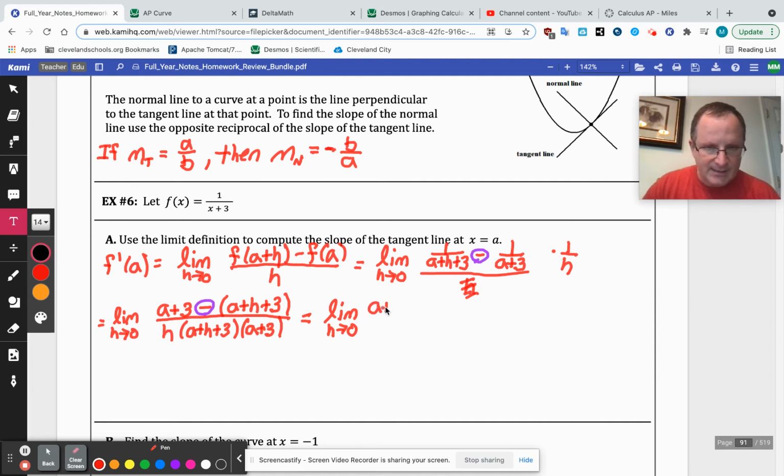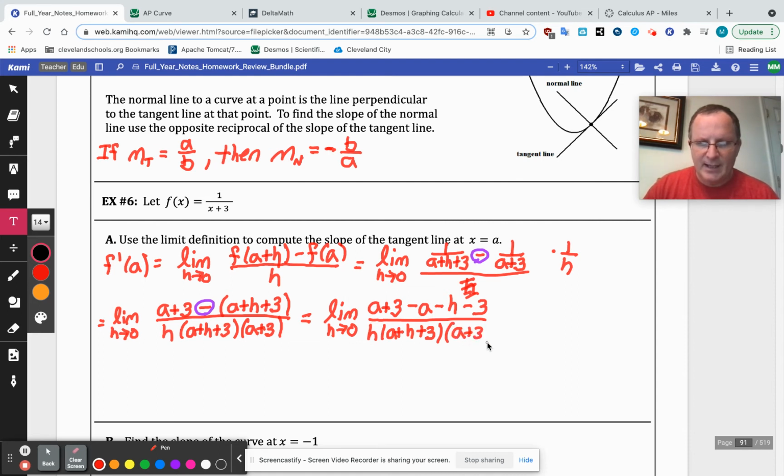You could think of the subtraction as happening at the same time. A minus a gone, 3 minus 3 gone. You could really skip this one if you like, I just like to show as much as possible.